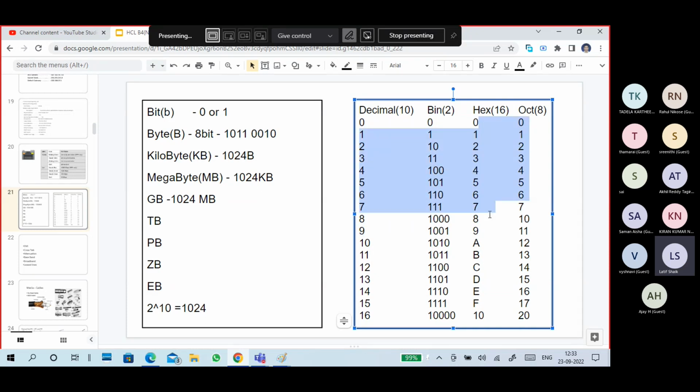Same goes for hexadecimal: 0 to F are single-digit numbers only. 0 to 9 and then A, B, C, D, E, F. And 10 is not ten; in decimal it is 16, and in hexadecimal it is 10. For example, 1A.